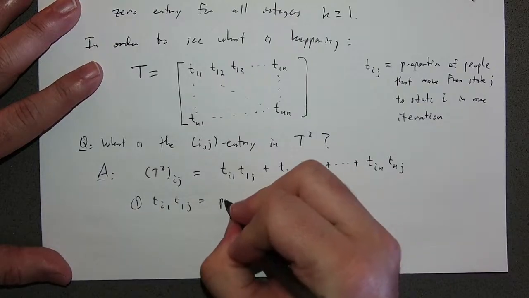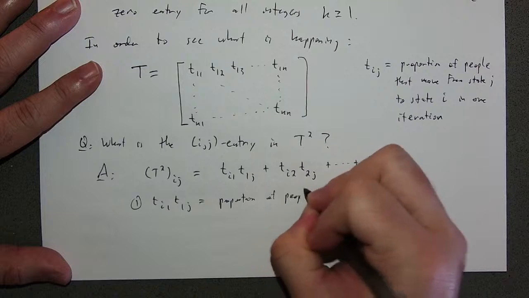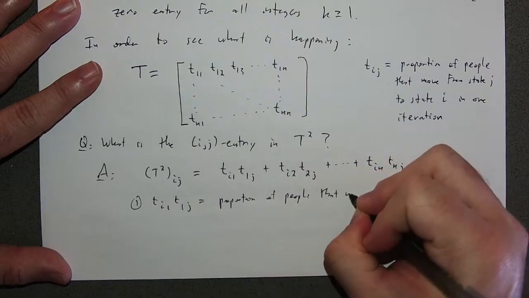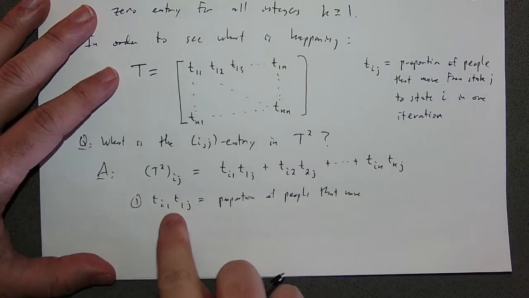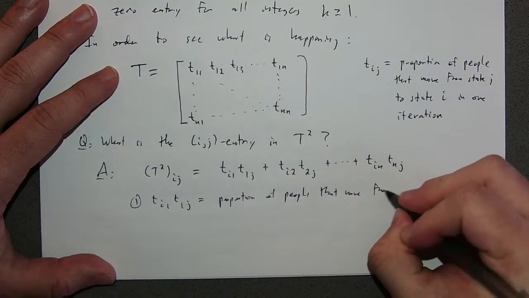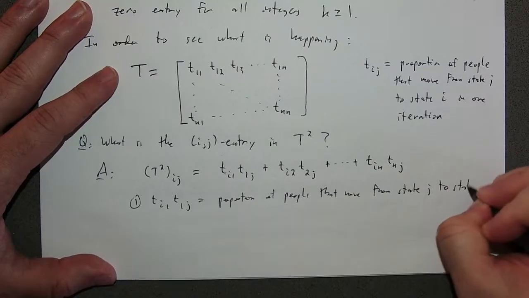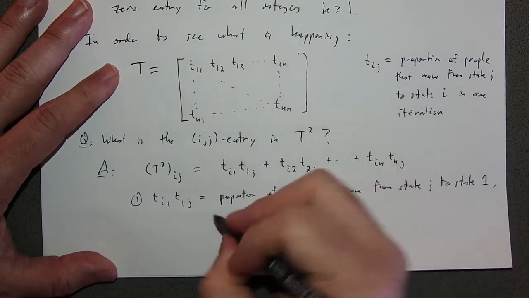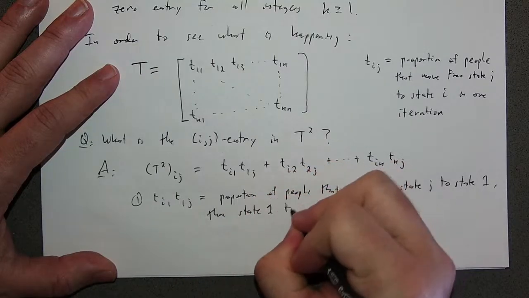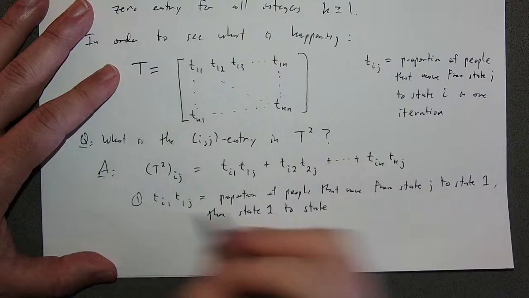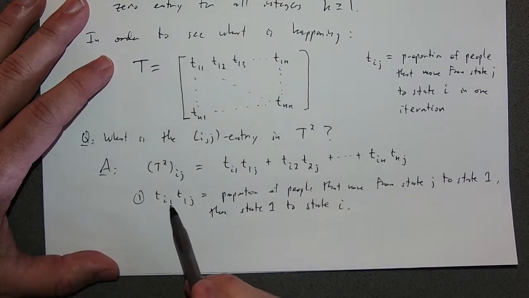This is the proportion of people that move from state j to state 1, and then from state 1 to state i.